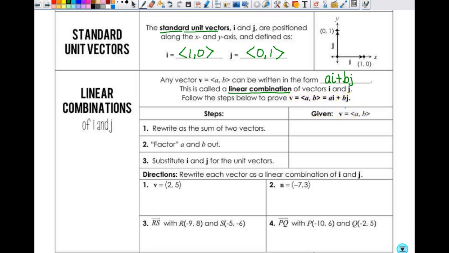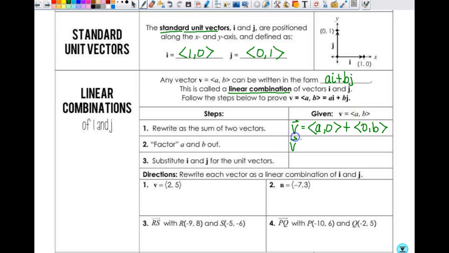So the first thing we're going to do is take this right here, and we're going to rewrite it as the sum of two vectors. So v could equal a comma 0 plus 0 comma b. If I can write that correctly, 0 comma b. All right, so basically if I add those two back together, I get that. That works. Then I'm going to factor out a and b.